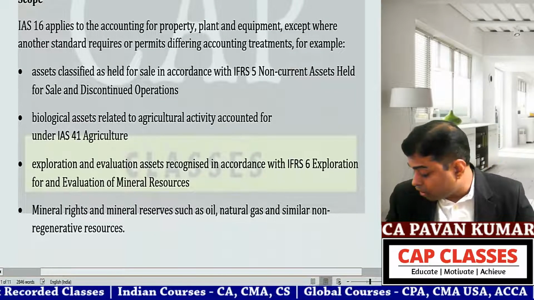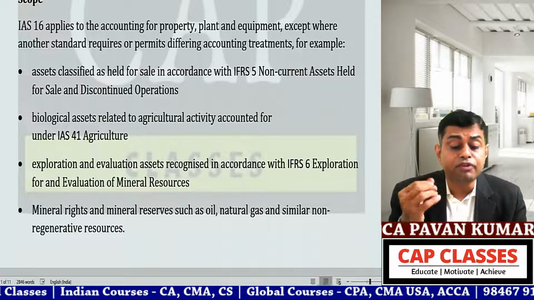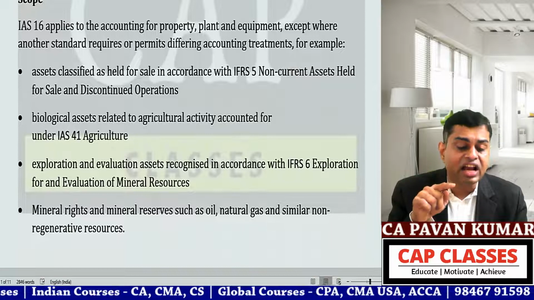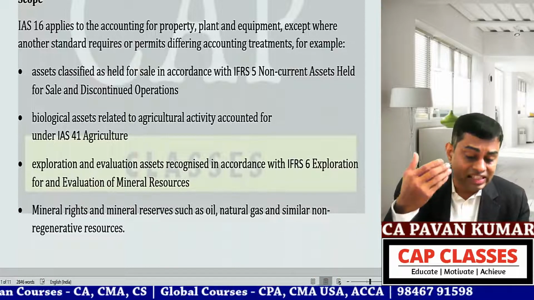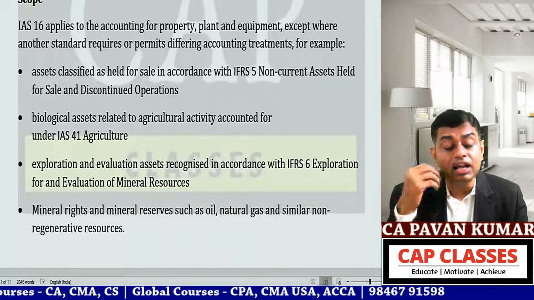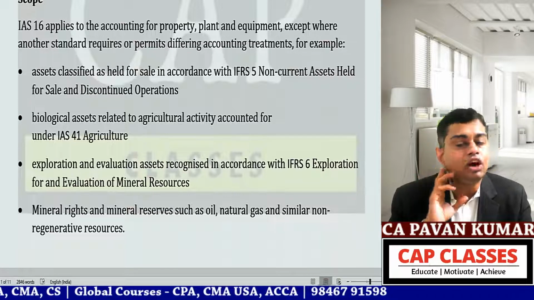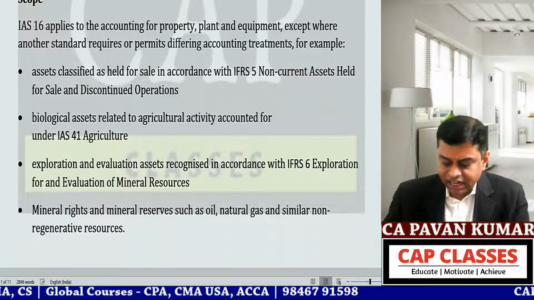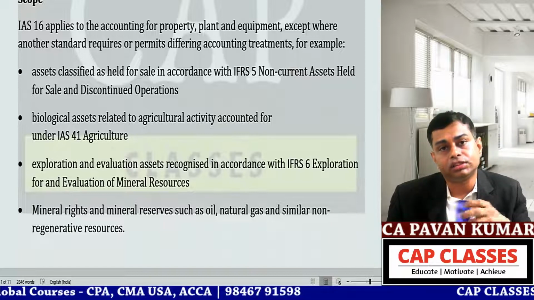So read the content on the board, you'll understand it. IAS 16 applies to accounting for property, plant and equipment, except where another standard requires or permits different accounting treatment. For example, assets classified as held for sale, HFS we call. It has IFRS 5. What is IFRS 5? Non-current assets held for sale and discontinued operations.